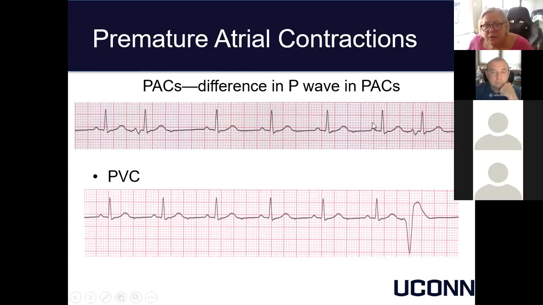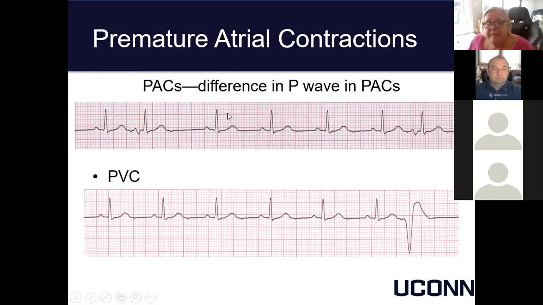We got a nice little block there that gives us hope, but we need to figure out what's going on here. For these others that look the same, we've got nice P waves, they look the same. We have a regular R to R measurement for these.